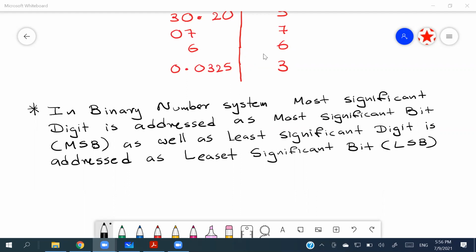So let's move to the big part. Is there anyone still writing this? Yes, sir.